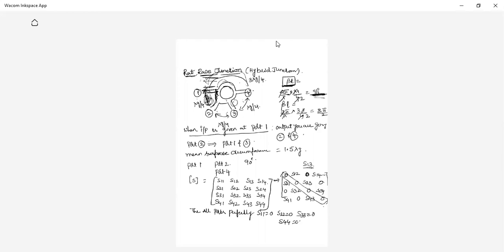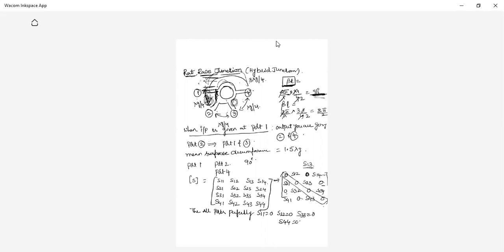What about 4? 0. When the input is given at port 3, you get output at 2 and 4. What about 1? 0. When the input is given at 4, you get output at 1 and 3. What about 2? 0.